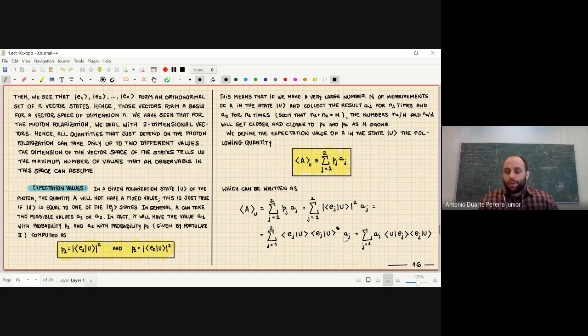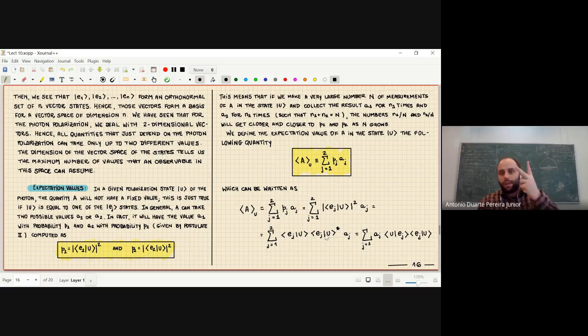Now I can make an algebraic manipulation: if I flip the order of this product, so if I take the bra U and the ket Ej, since this is a complex number, I have to take the complex conjugate.